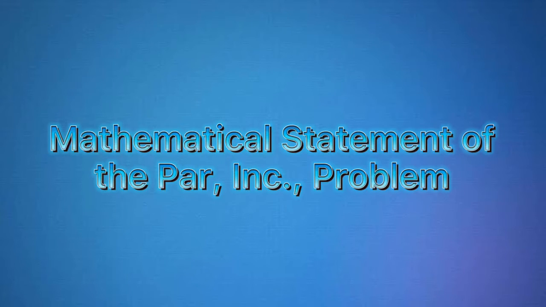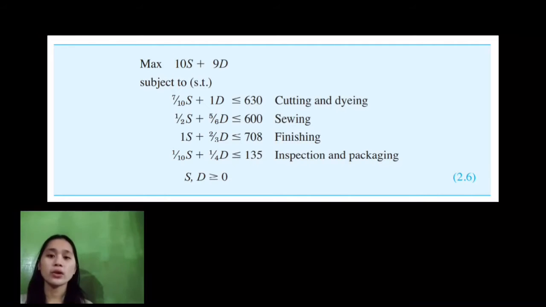Earlier, we saw the inequality corresponding to the cutting and dyeing constraint. Our task now is to discover a product mix, a combination of S and D, that meets all the restrictions while also yielding a value of the objective function greater than or equal to that of any other possible solution. We will have found the best solution to the problem once this value has been calculated.